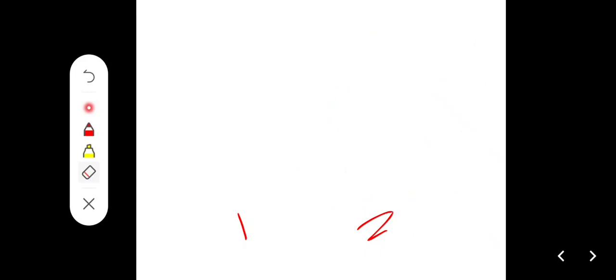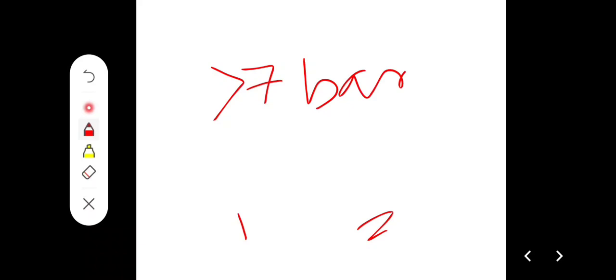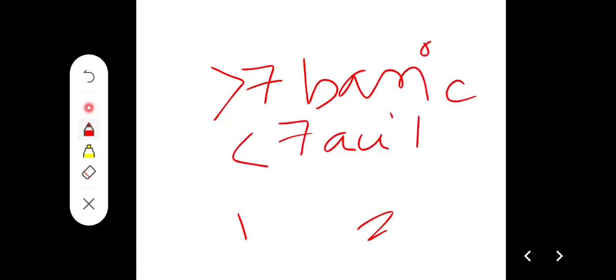Always remember, greater than 7 means basic, less than 7 means acidic, and almost equal to 7 means neutral.